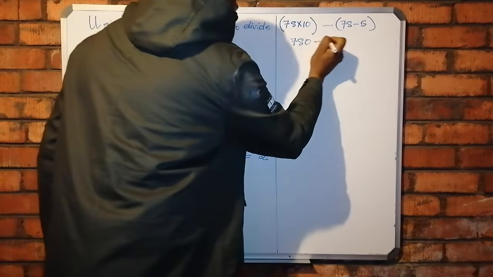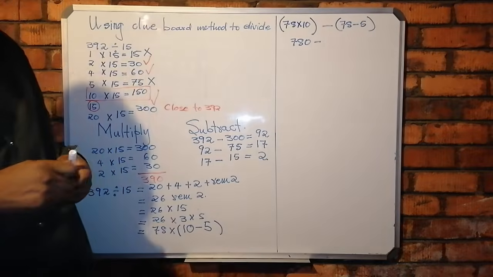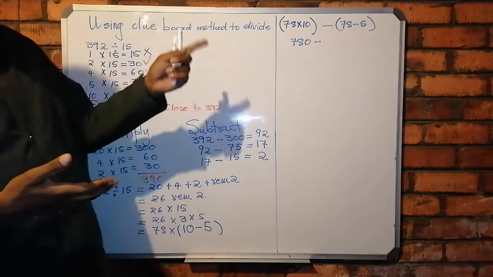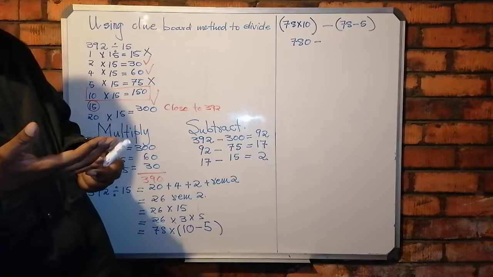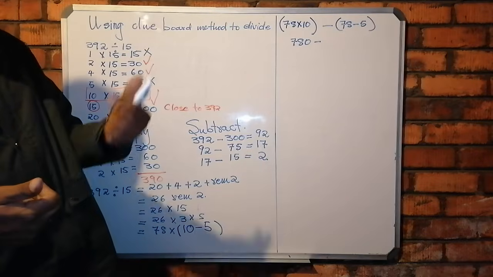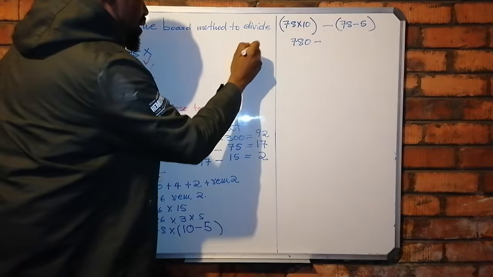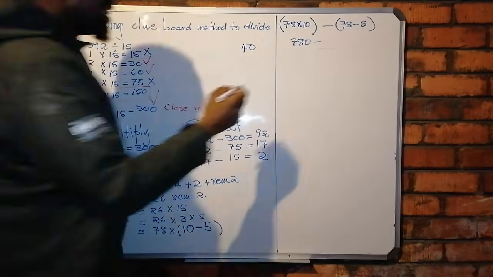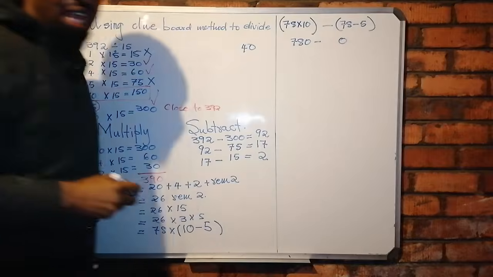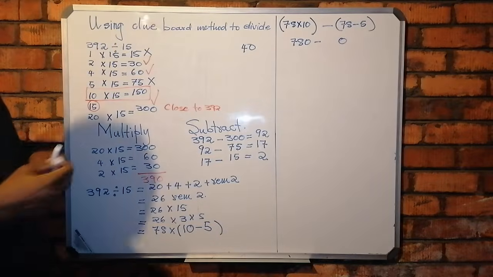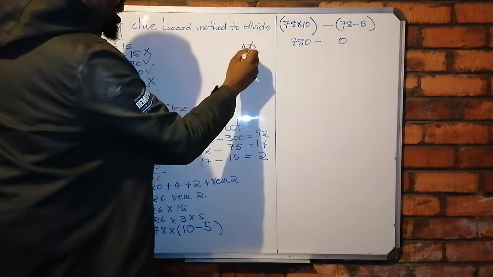Now, with this one, my little ones will go, what is 8 times 5? It is 5, 10, 15, 20, 25, 30, 35, 40. That is 40. Then they put the 0 there. They know it. We have taught them that. Now, they cancel that one.